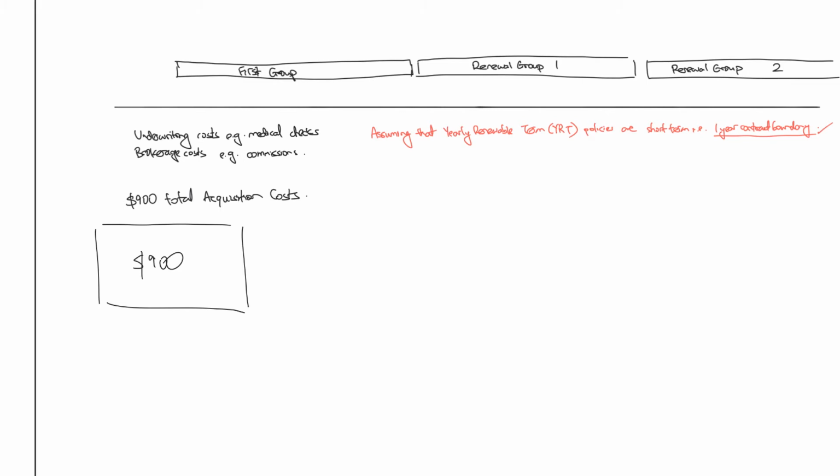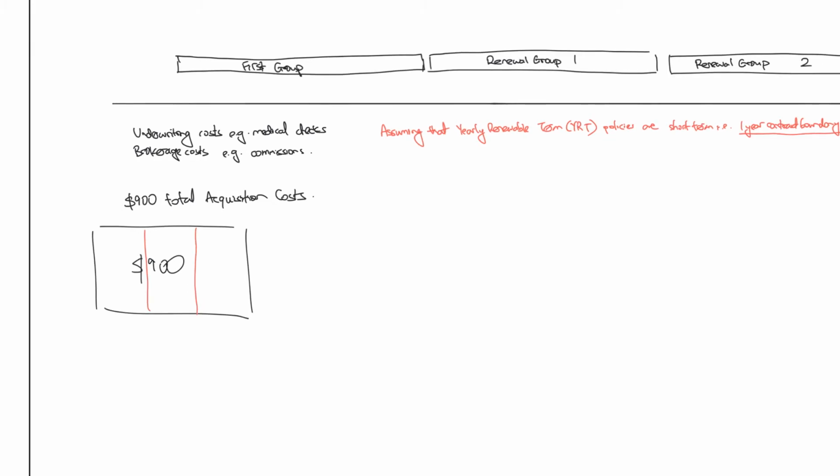What the standard wants us to do is divide this into 3 buckets. The first bucket, under paragraph B35AA, is the amount of these acquisition cash flows that relate to the first group.